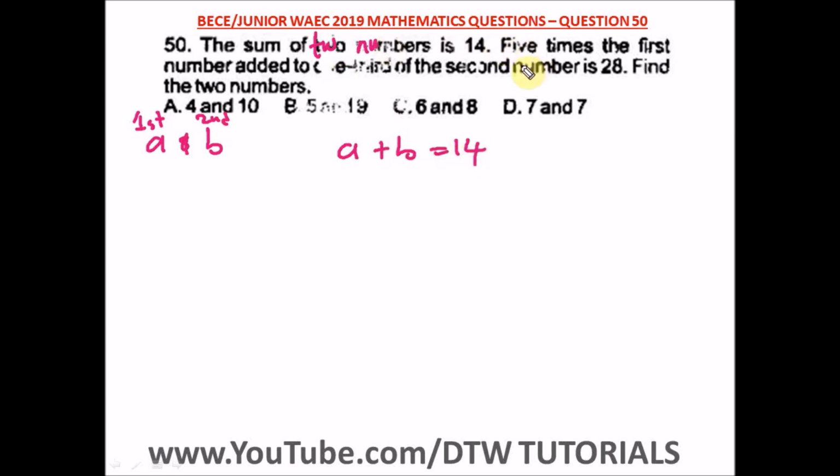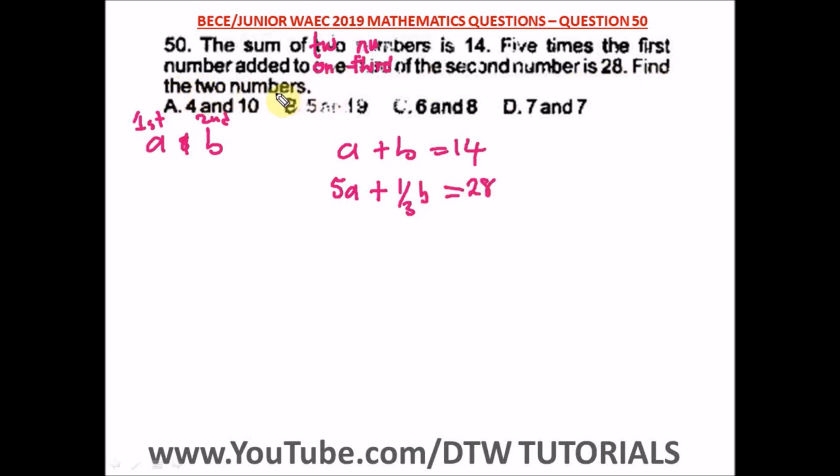Now it says 5 times the first number, that's 5 times A. So let's write 5 times A, which is 5A, added to 1/3 of the second number, 1/3 of B. So we have 1/3 B equal to 28.